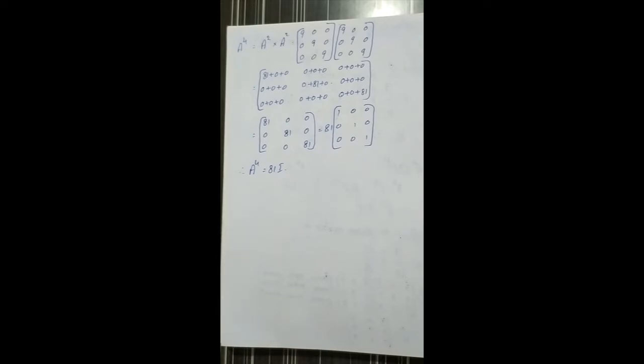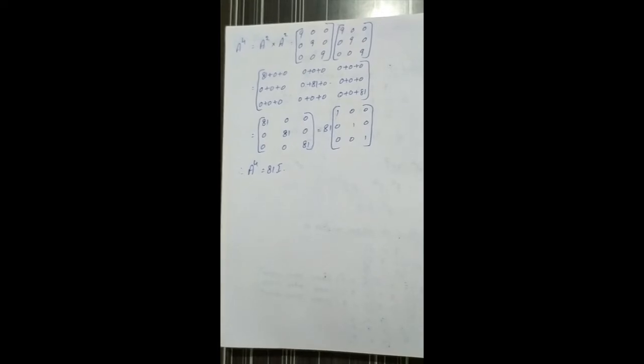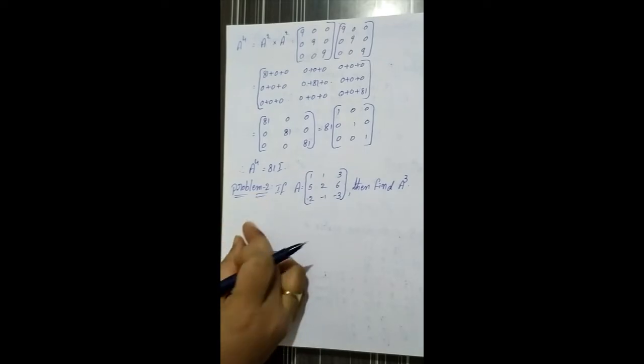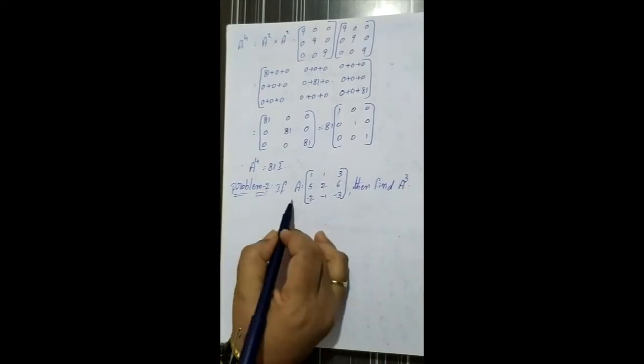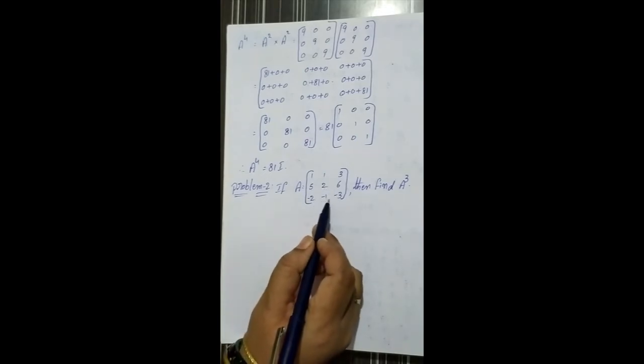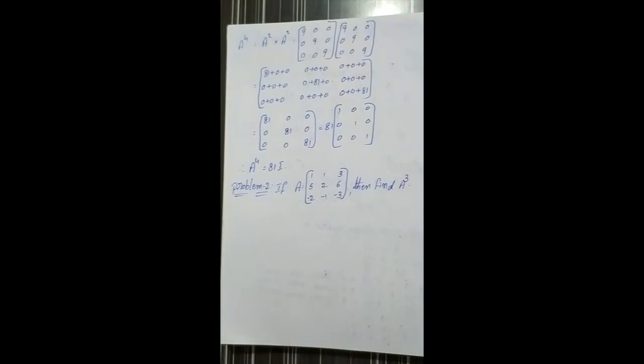This is the solution of the first problem in the second section. Now we go to the second problem in the second section. The problem is: if A equal to 1 1 3, 5 2 6, minus 2 minus 1 minus 3, then find A cube.